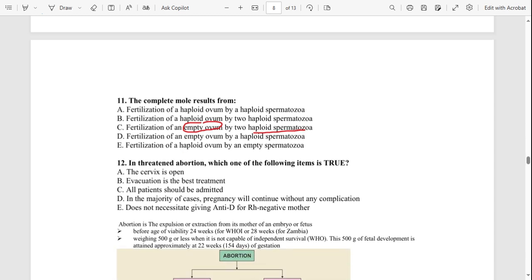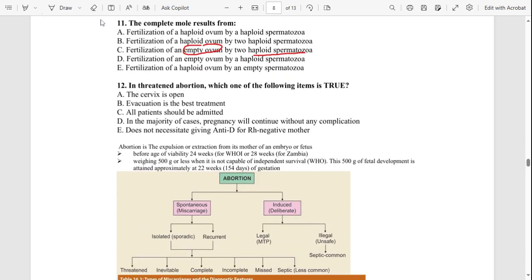Okay, so abortion is the expulsion or extraction of the embryo or the fetus from its mother before the age of viability. For the WHO, it's 24 weeks. In Zambia, we use 28 weeks.